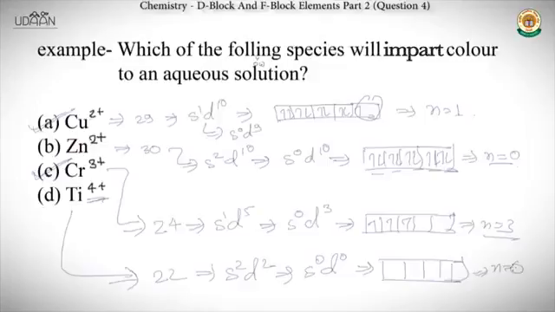So to find out whether the aqueous solution of an ion is colorless or imparts color, we just find the electronic configuration, and using that we find the number of unpaired electrons. If the d orbital is full or empty, then the solution will be colorless, otherwise it will be colored.